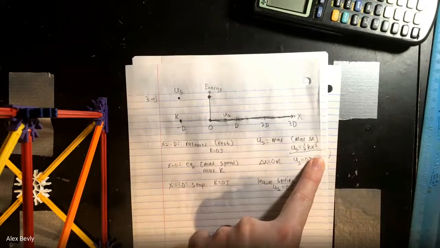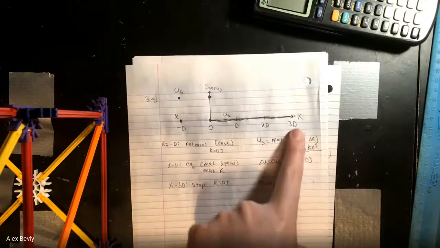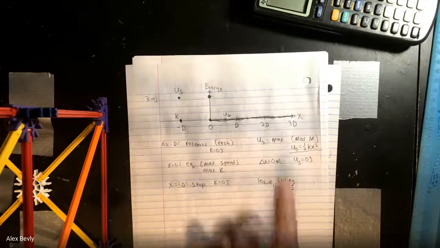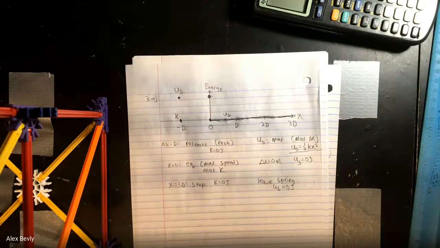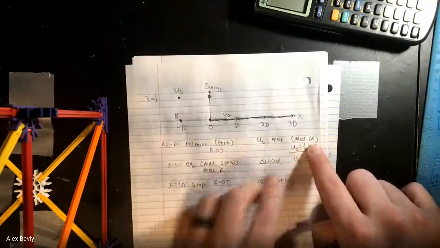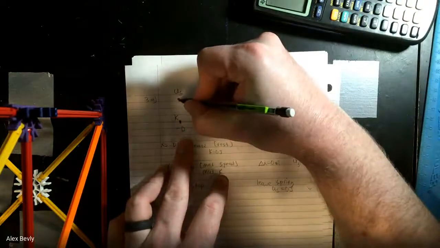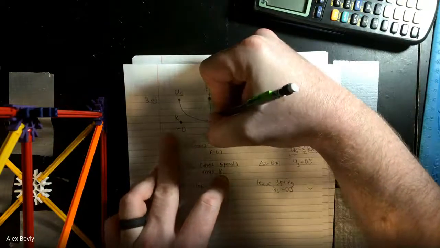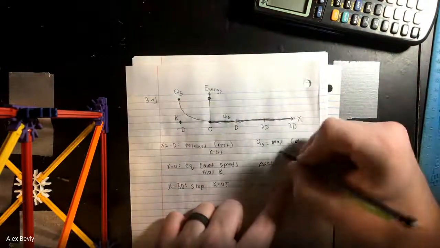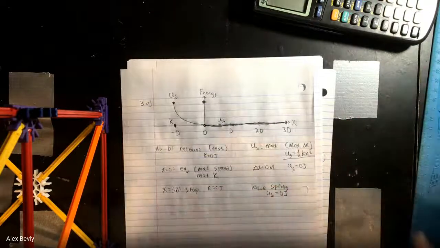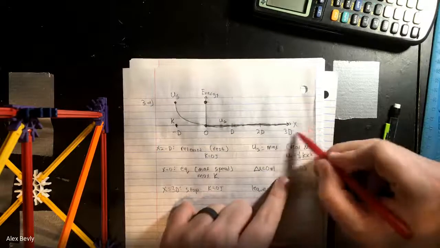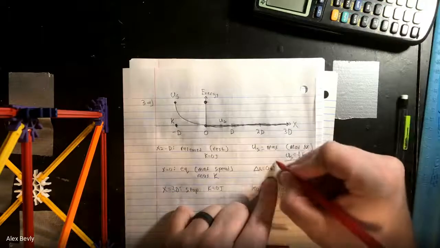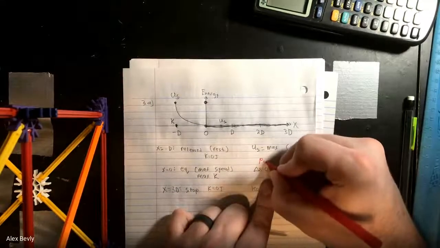What shape is that going to be? X squared. We have X on our axis. So energy versus X squared, we have quadratic. So we expect to see a parabola. And again, it's X on my x-axis, X squared. Parabola.